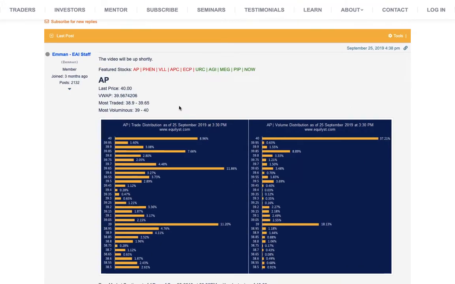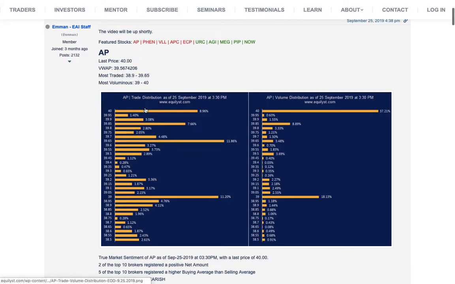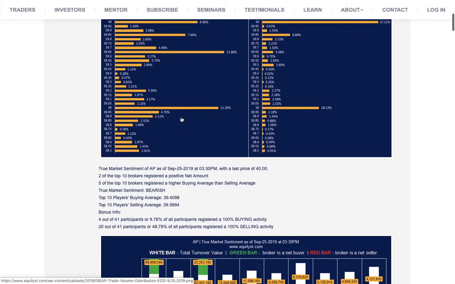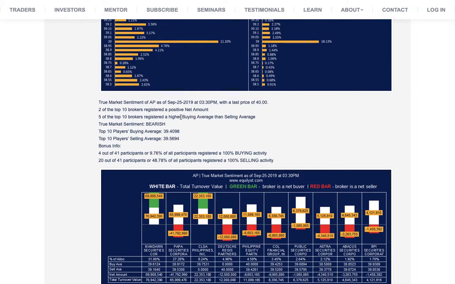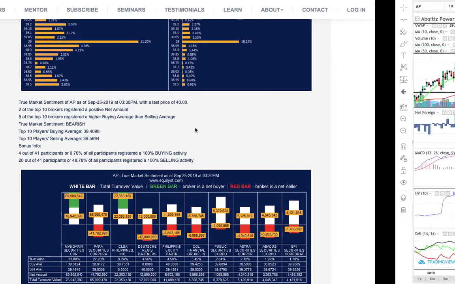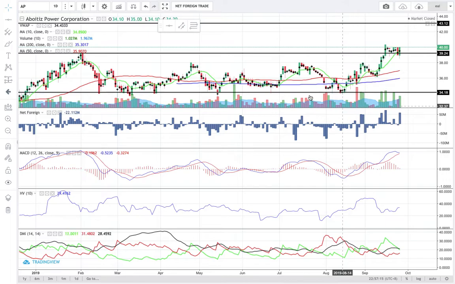So let's take a look at the dominant range. It's closer to the intraday high than the intraday low. That makes a bullish momentum power indicator. The true market sentiment was bearish today. So meaning to say there was no high interest to bring the price higher than the intraday high today.